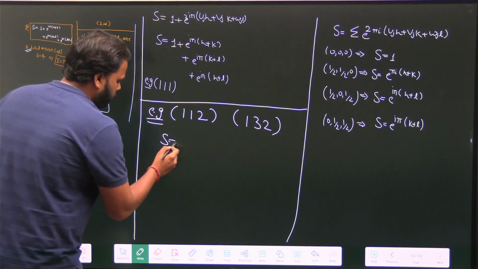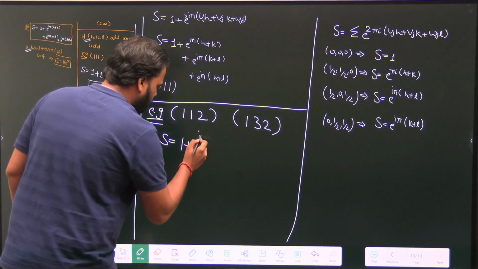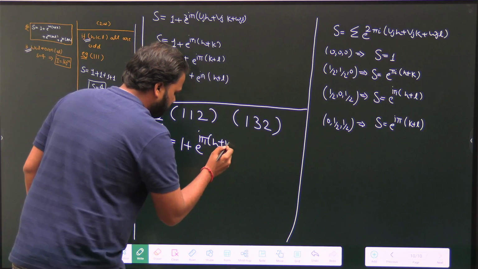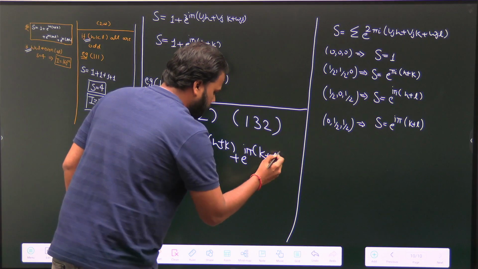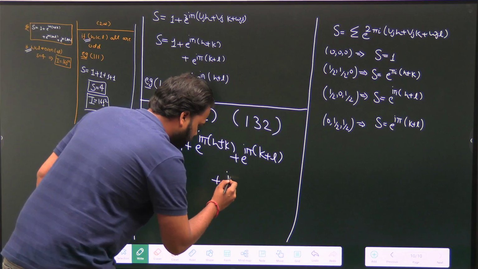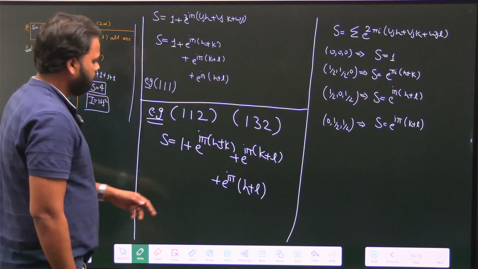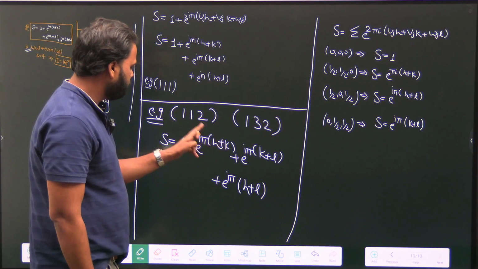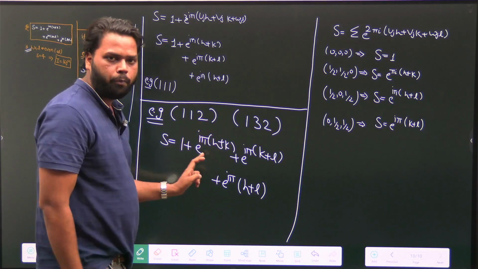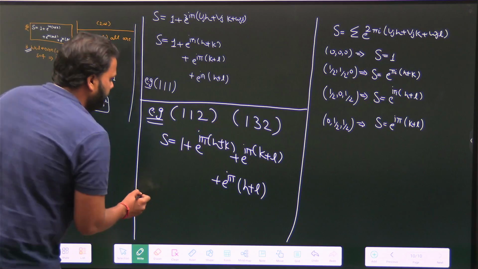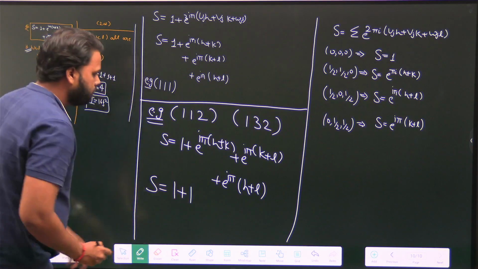So what was the value of s here? 1 plus e to the power I pi (h plus k) plus e to the power I pi (k plus l) plus e to the power I pi (h plus l). Now put h equal to 1 and k equal to 1 here. This factor will become how much? e to the power 2 pi I, which is 1.